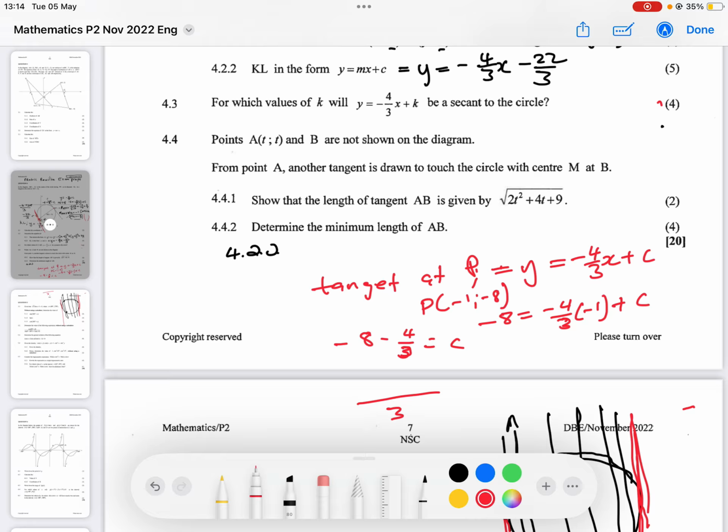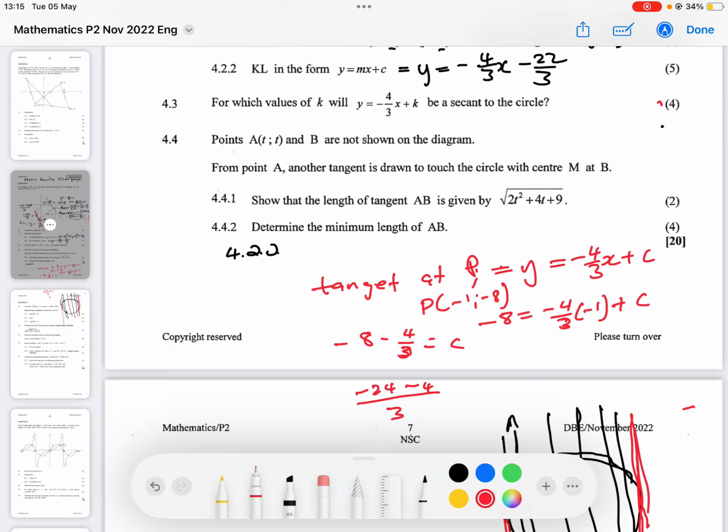Negative 8 times 3 will give us 24, so you write minus 24. 3 into 3, 1 times minus 4 is minus 4.